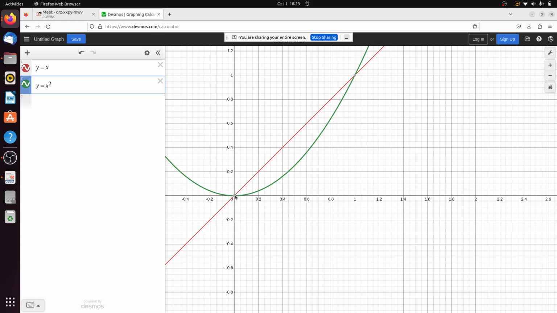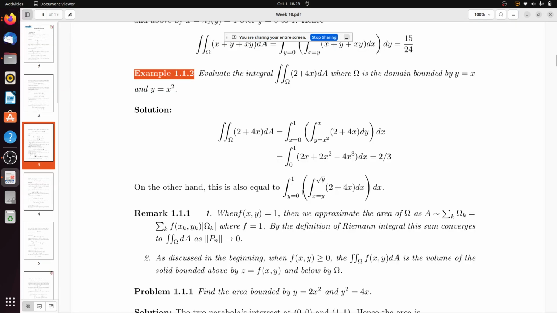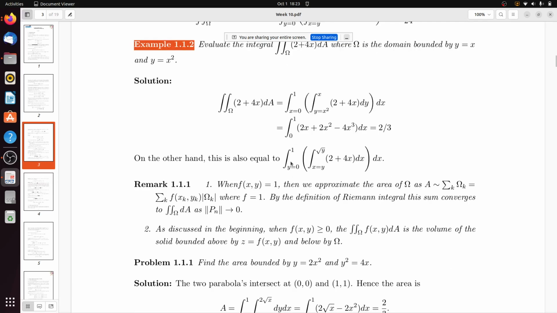Now you vary y from 0 to 1 and vary x from y to square root of y. And if you compute this, you will get the answer to be 2 by 3.